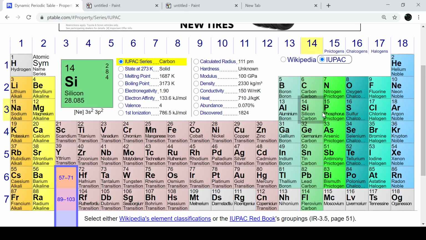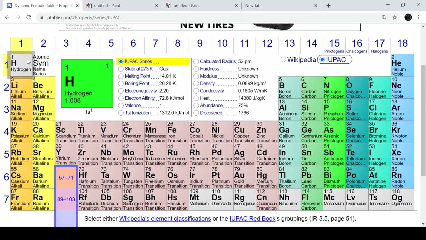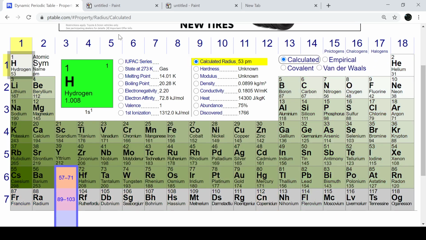The third energy level has 8, and then it goes and gets bigger. This one has a total of 18. And we're going to go ahead and go to the calculated radius tab. Okay? And we're going to go ahead and go through, and we're going to explore this one here.